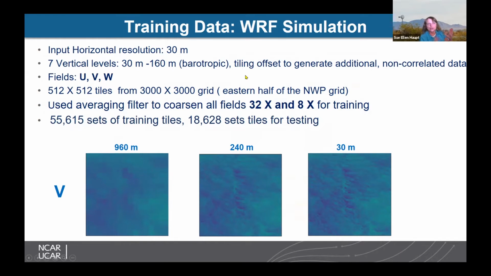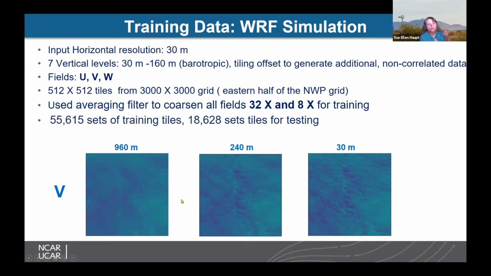So to do that, we're using random offsets to produce tiles that are 512 by 512 grid points. And this is out of the whole eastern half of that simulation where we have the rich behavior that was originally 3,000 by 3,000.